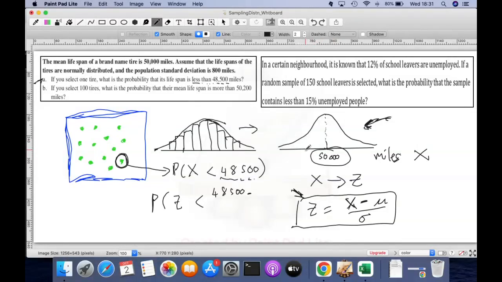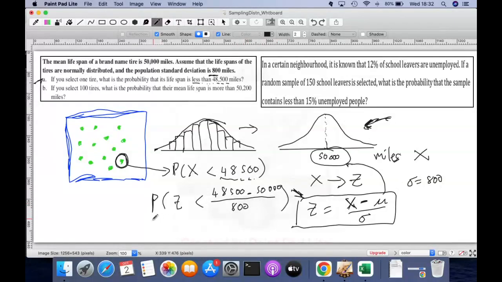The mu is what the manager told me the average lifespan is, which is 50,000. Then sigma is your standard deviation, which is given to you in the question, 800. So that's your sigma, all over 800.